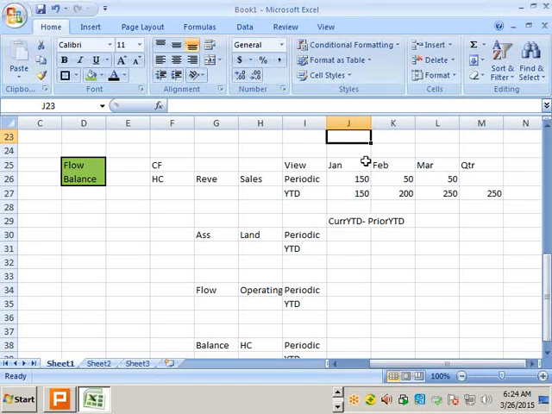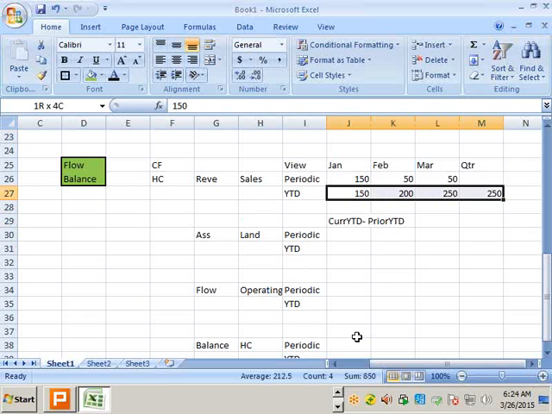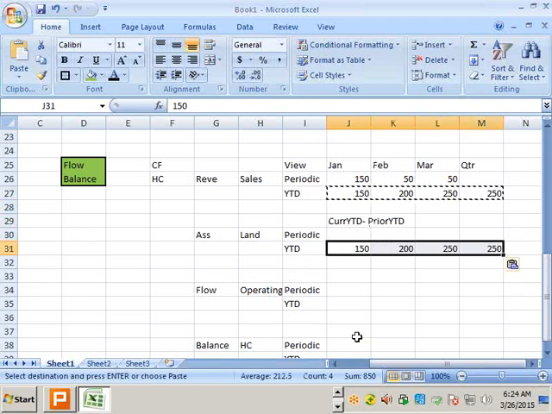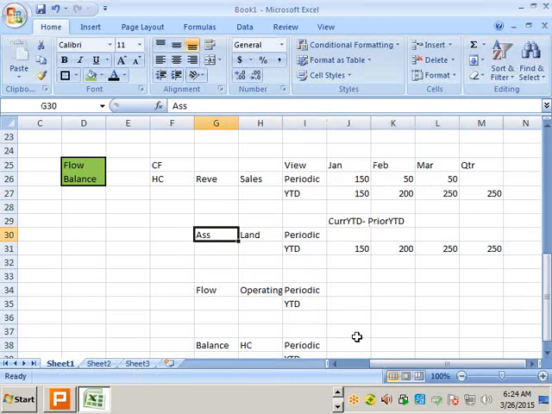Say here, the same intersection, the same values that I am going to take up. What is the value of periodic for an asset, for land? Is there any periodical change that will happen to the assets? That will not happen, because you can't say my land in periodic in February would be 50, my land in period March would be 50. We can't say that, because land, buildings, assets, liabilities will always have year to date values and periodical values both the same.